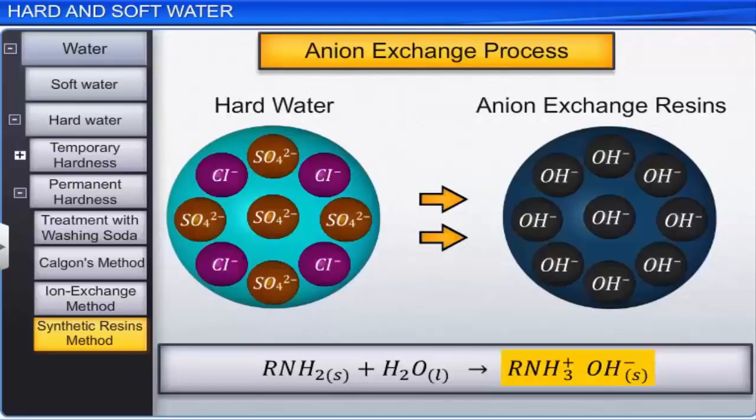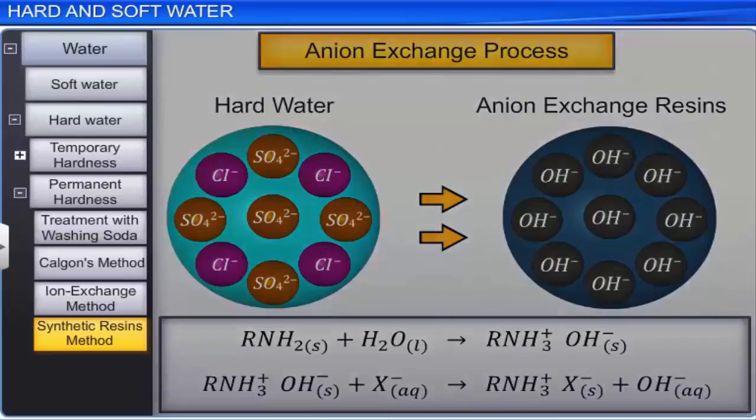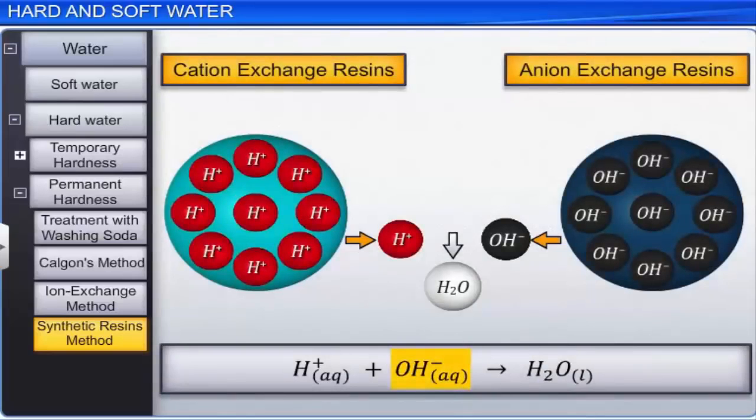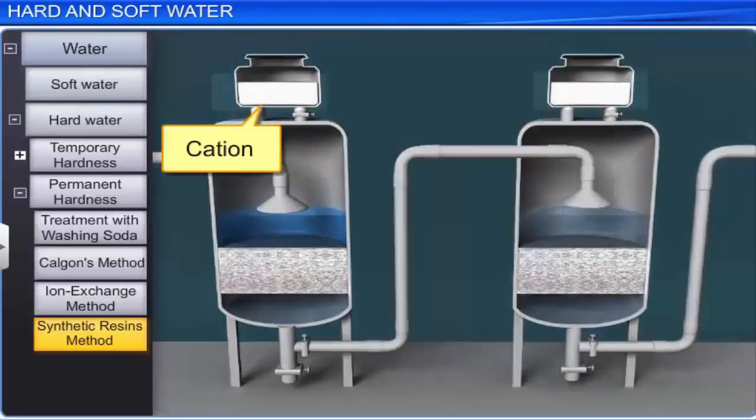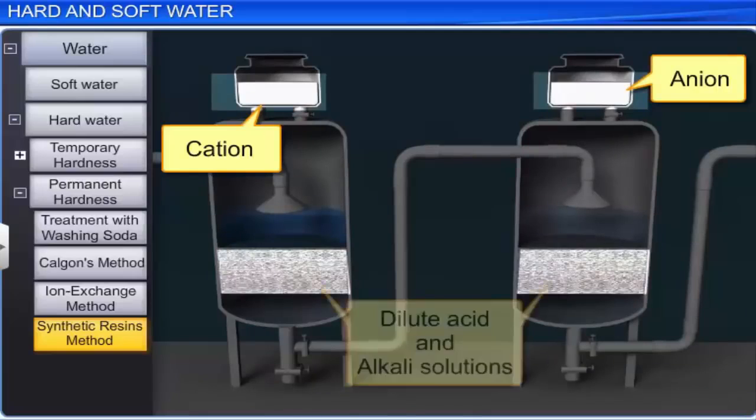The reaction that takes place is RNH3+ OH- reacts with X- to give RNH3+ X- and OH- ions, if X is chloride ion. The released OH- ions neutralize H+ ions. Once the cation and anion exchange resin beds are exhausted, they are regenerated by treatment with dilute acid and alkali solutions respectively.